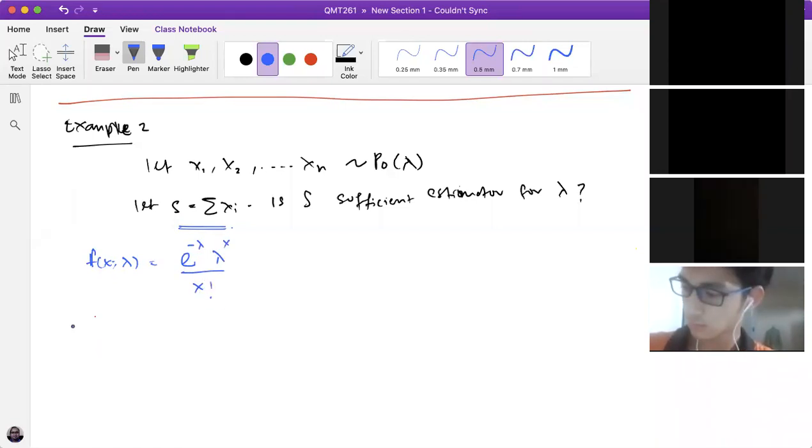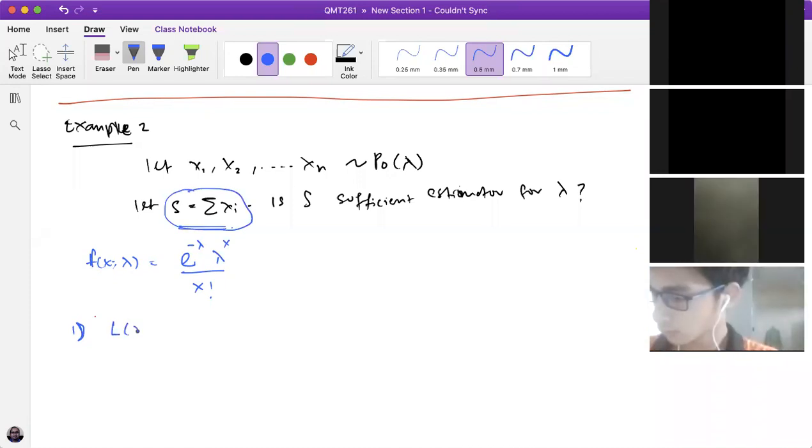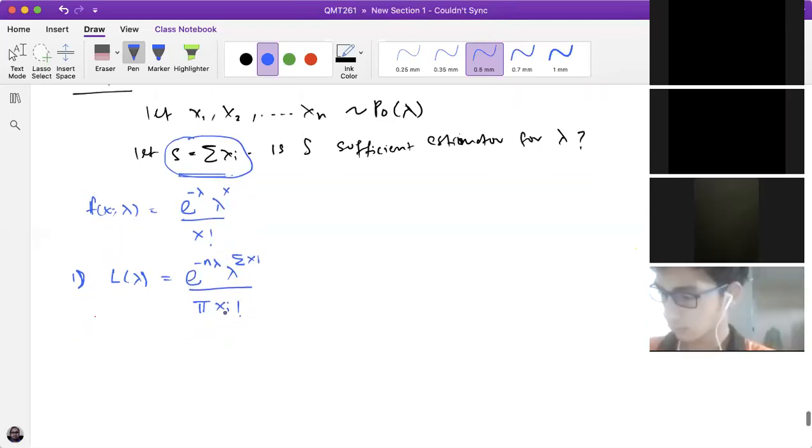And then the first step to find whether this estimator is sufficient, we need to take the likelihood function of the Poisson distribution. So it becomes exponential negative n lambda, lambda to the power of summation of xi, divided by the product of xi factorial.